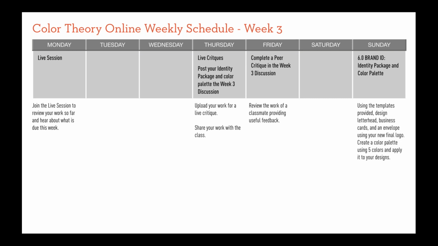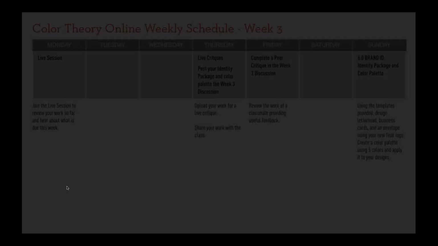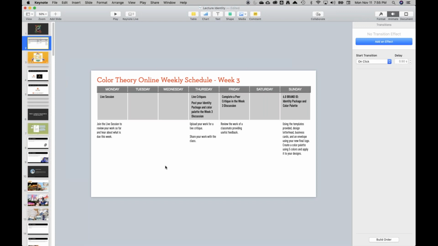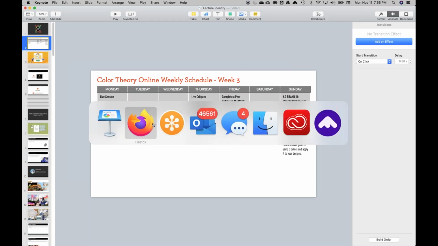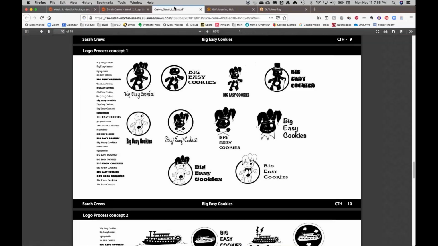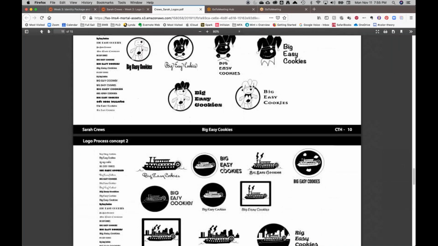And as you think about your letterhead, business card, envelope, you may use more colors there. You may use also images, textures, patterns, graphic elements. As you look at your logo process, and Sarah, I'm going to use you as an example because I've got yours up and it's a good example. Say you went with the voodoo doll, right?